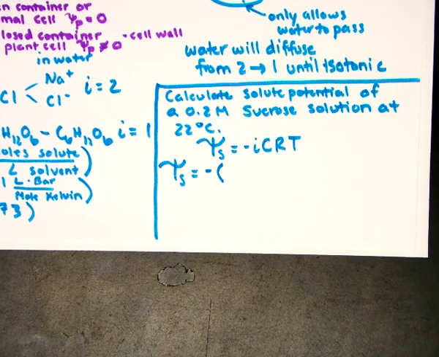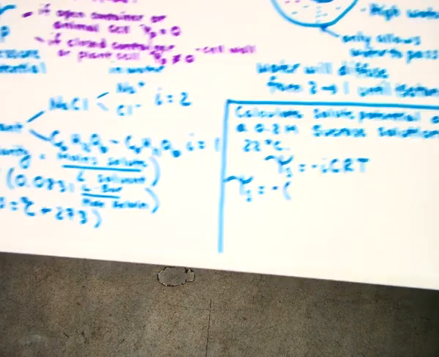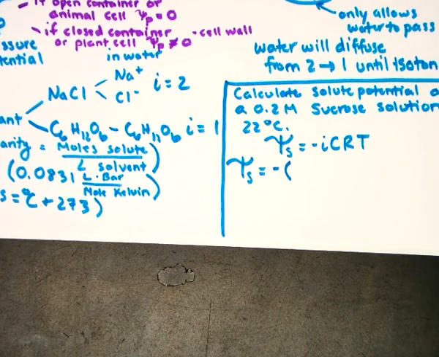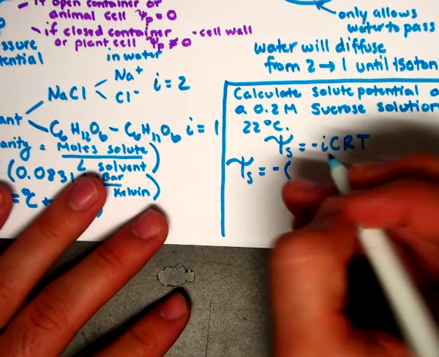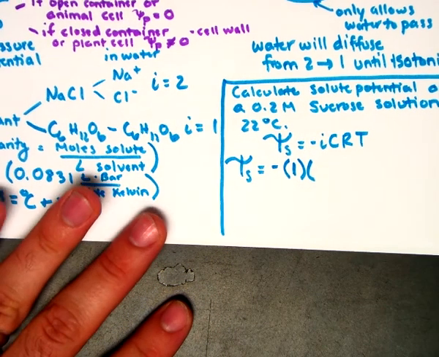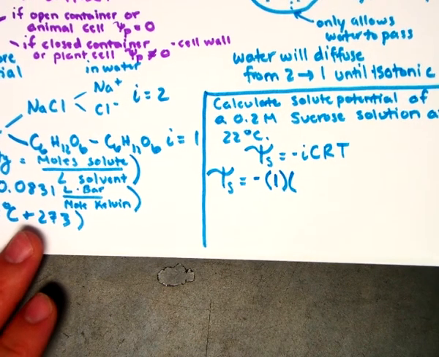Sucrose has an ionization constant of what, Brian? That's a sugar. 1. Right. So anytime you see sucrose, fructose, glucose, sugar, it's never going to break apart, and so your ionization constant will be 1.